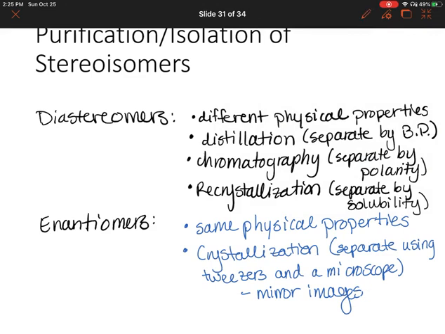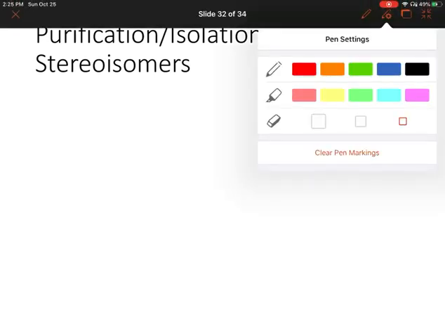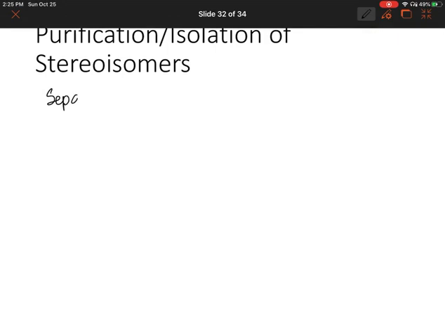Now that is painful and takes a long time, so there is another way that you can separate enantiomers. So let me show you on the next slide. So another way to separate enantiomers is to use what are called chiral resolving agents.